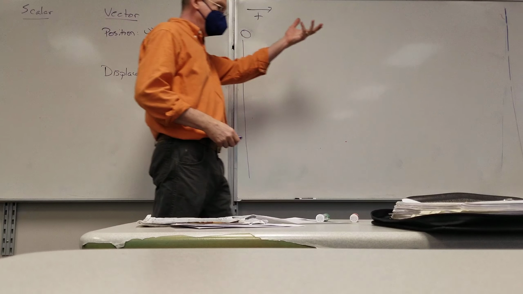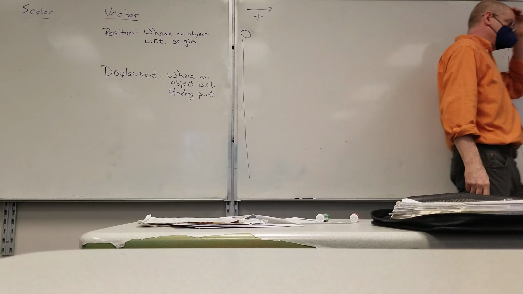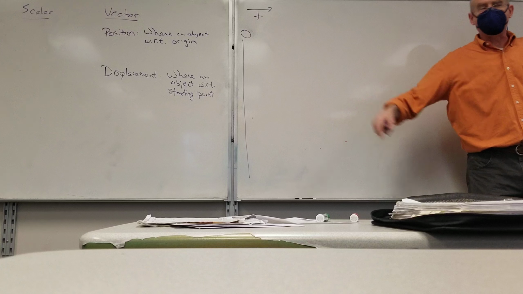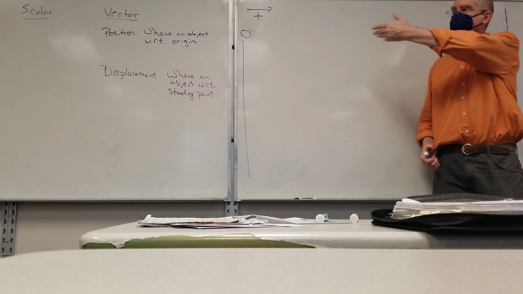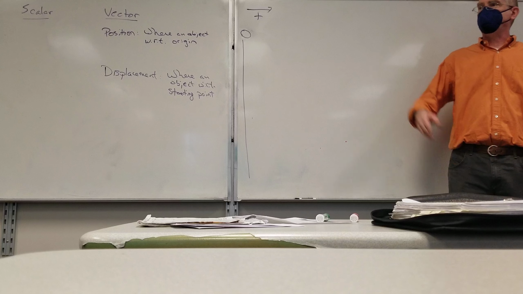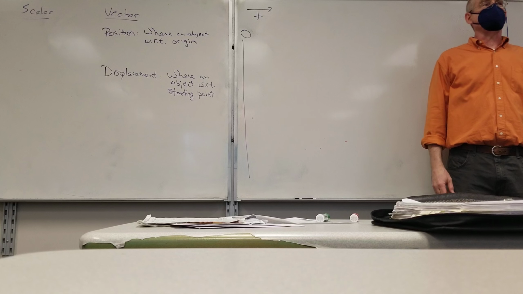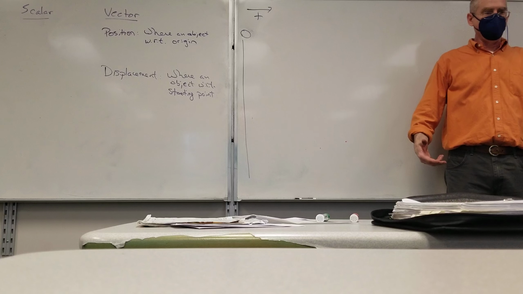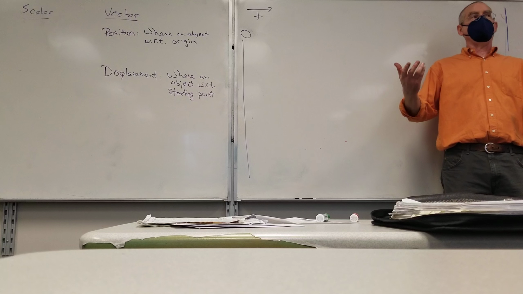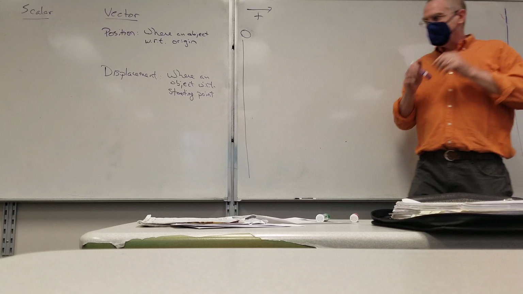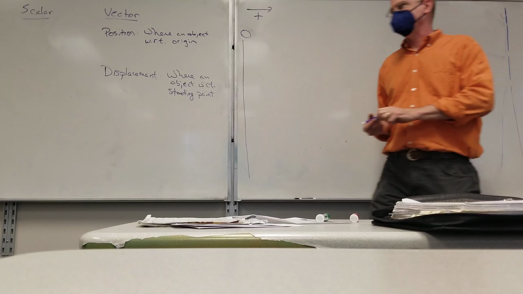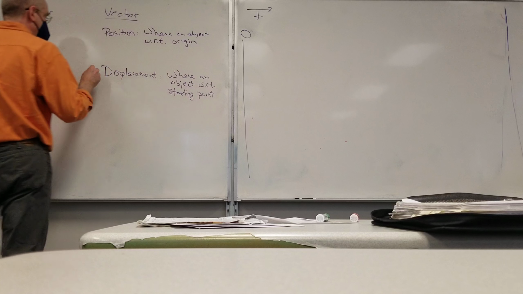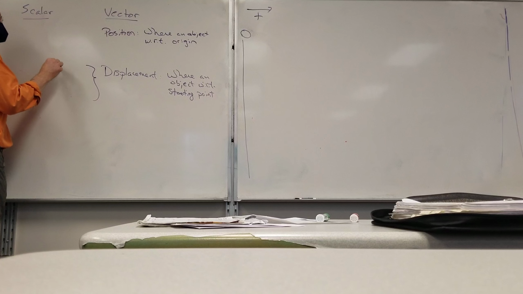As I'm walking to the right here, is my starting point where I actually started, or is it from just before I moved to here? If you're walking down the hallway, you could consider the starting point as the door, or you could consider it as where you were just a moment before. This is the difference between overall displacement and instantaneous displacement. So there's overall and instantaneous.